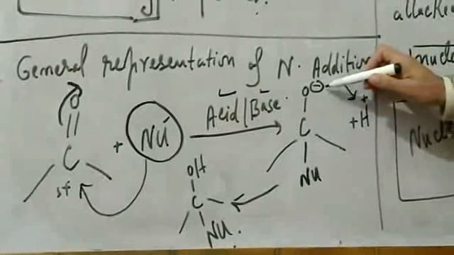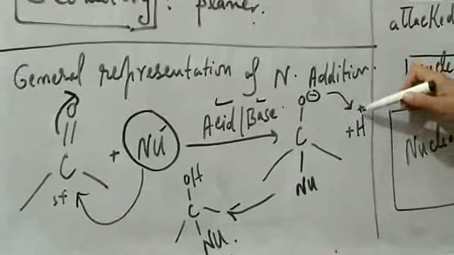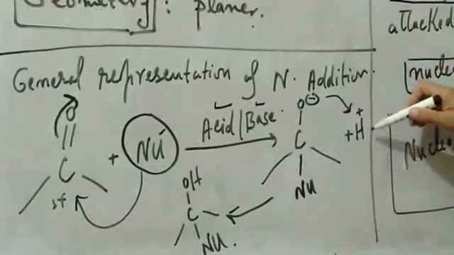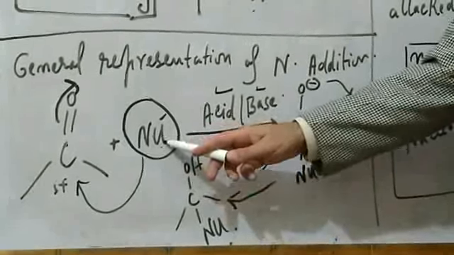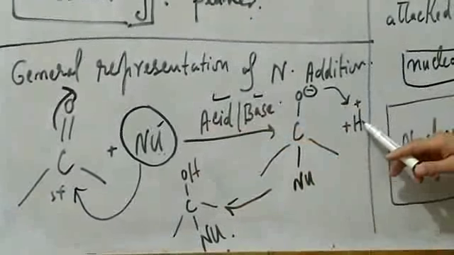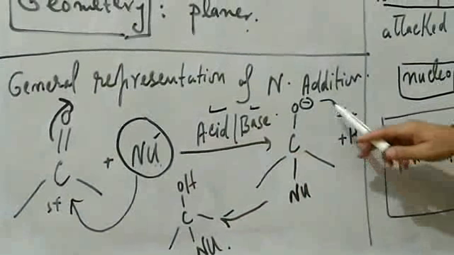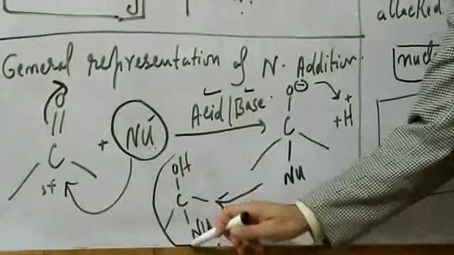Remember, this negatively charged oxygen may attack a positive species. Where may this positive species come from? If you take a polar molecule, it may have one portion which is nucleophile and the other portion which is electrophile. So it will be attached over here and you will get this addition product.